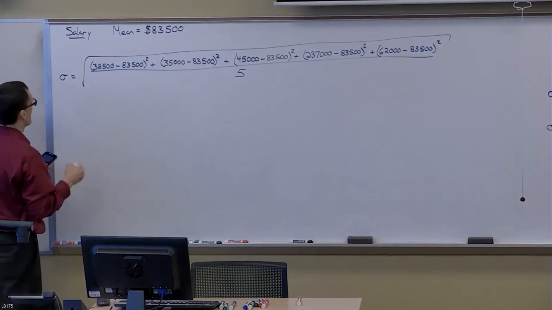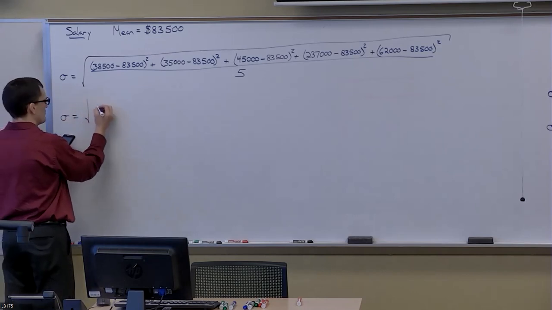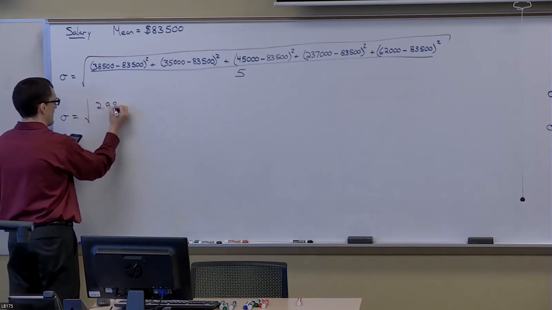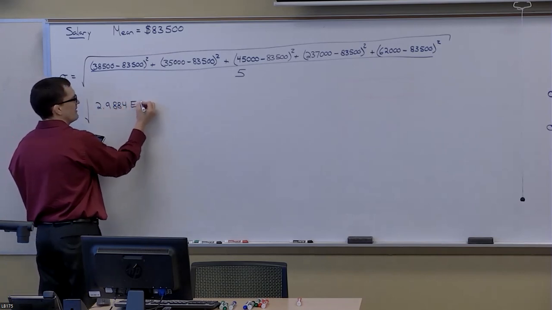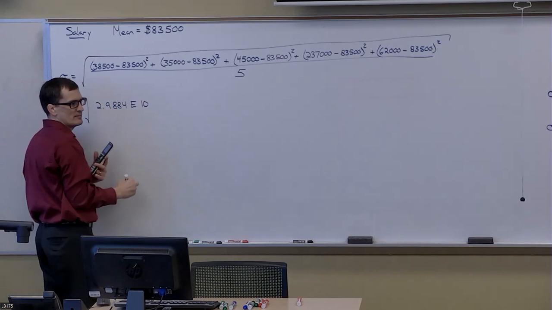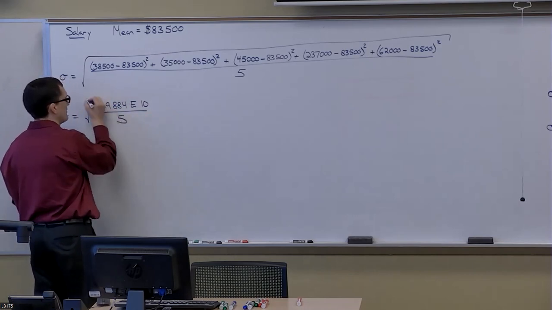My calculator said 2.9884 and then E10, which means times 10 to the 10th power. Okay. By the way, that's fine to use.